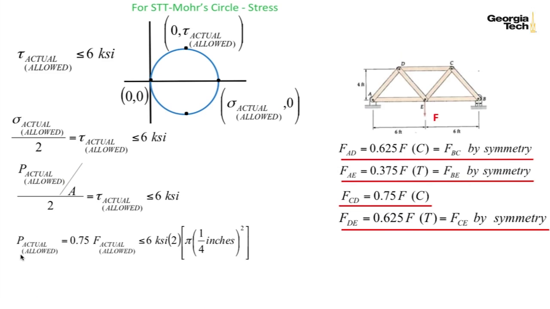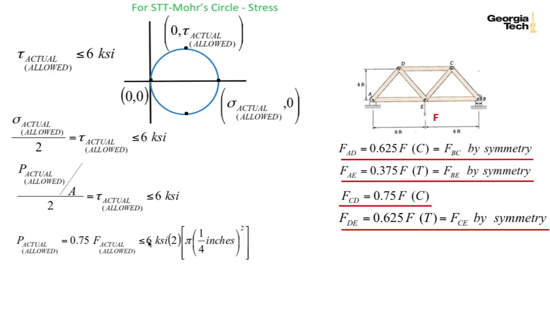And so P allowed then, the worst case will be in member CD, where we have a compressive force of 0.75 F. All the rest of them are going to be less than 0.75 F. And so this is the critical condition.